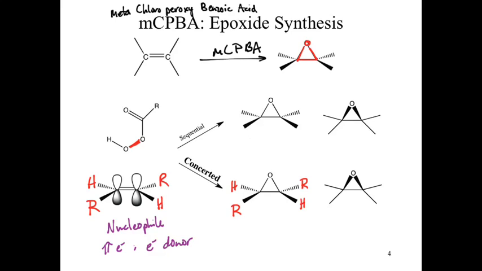So if we look at our alkene bringing its pi electrons up to that oxygen, we can now polarize that oxygen-oxygen single bond, and we can have those electrons swing up to our other oxygen. Okay? Well, that forms one side of our pi bond, but not the other, so we've got to be a little bit careful here.